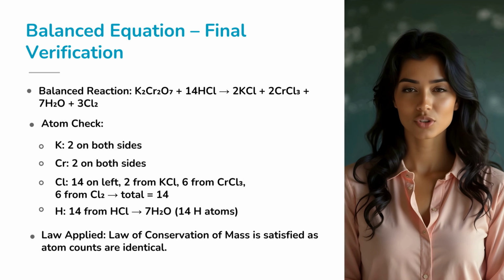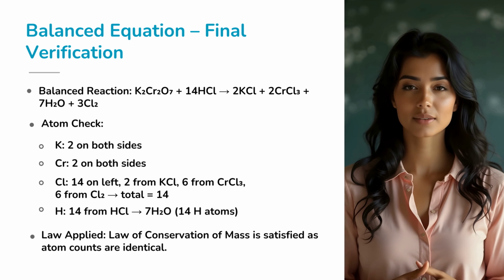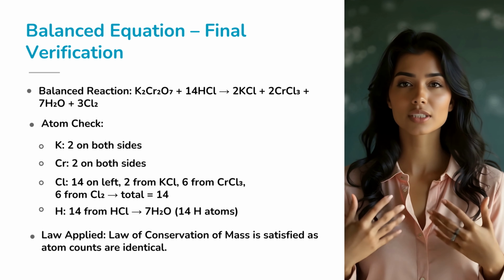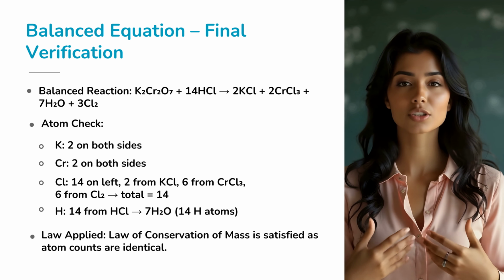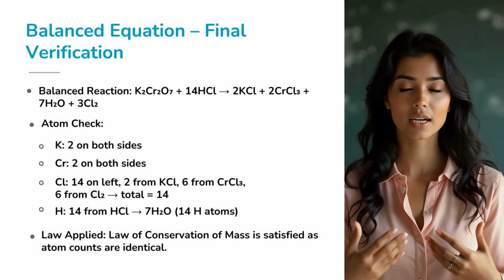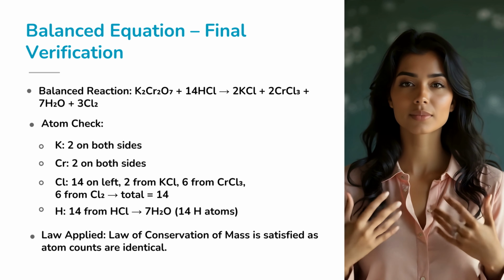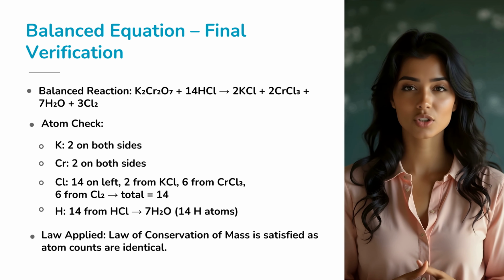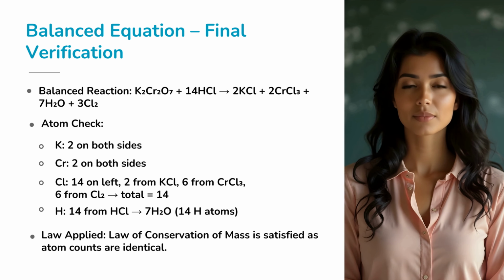That's a total of 14. Balanced. Final balanced equation: K2Cr2O7 plus 14 HCl gives 2 KCl plus 2 CrCl3 plus 7 H2O plus 3 Cl2. This type of reaction is often used in lab titrations and redox chemistry studies.